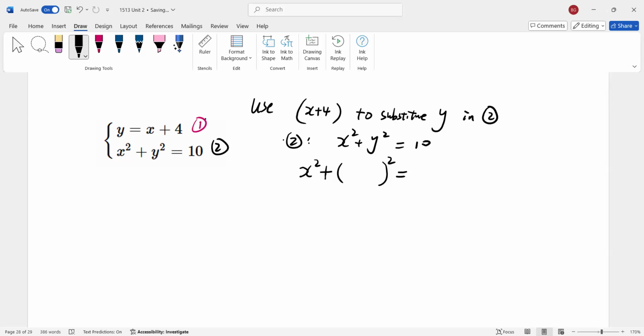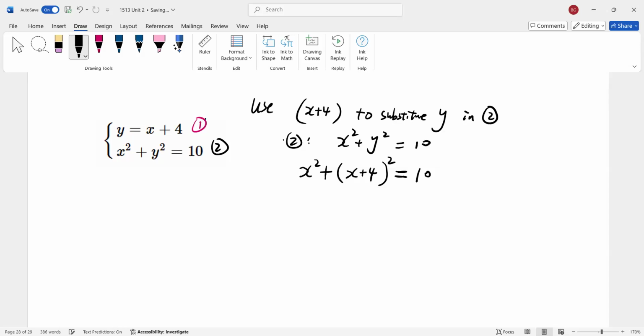Instead, we use x plus 4, because y and x plus 4 are the same, right? So we replace y with x plus 4, and copy equal sign, copy 10. After this step, we have no y in the equation. We only have x. Then we can solve for x.